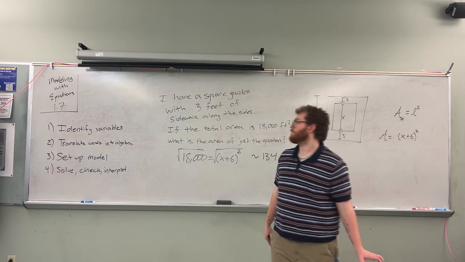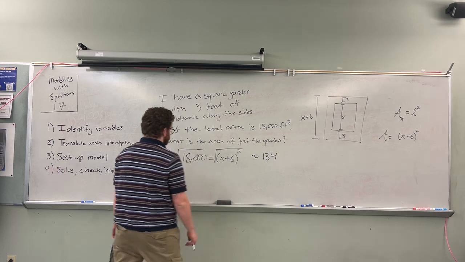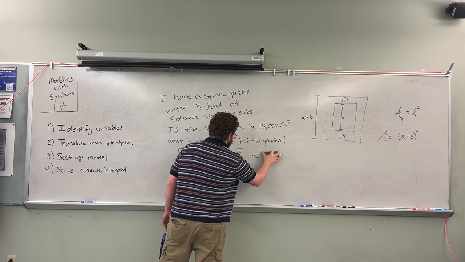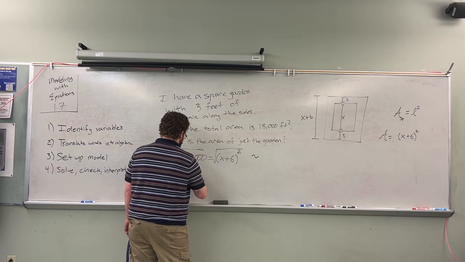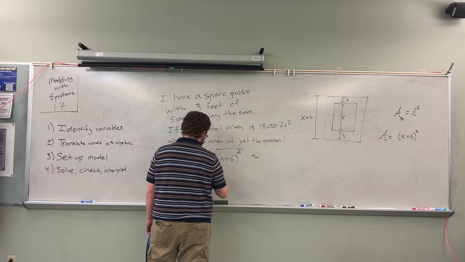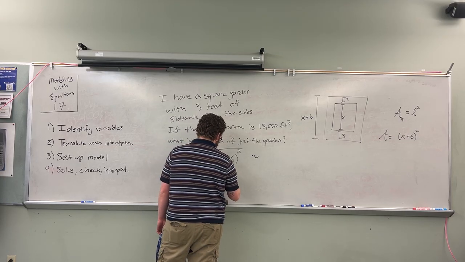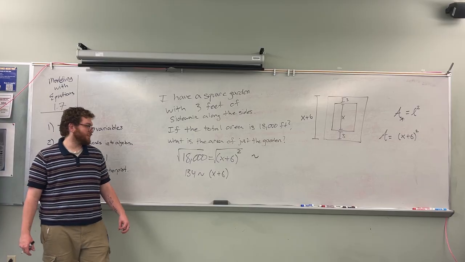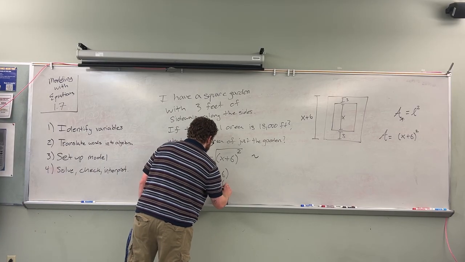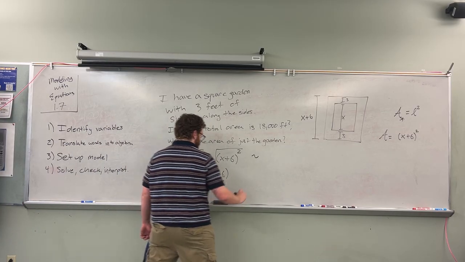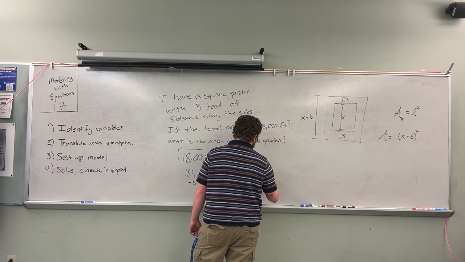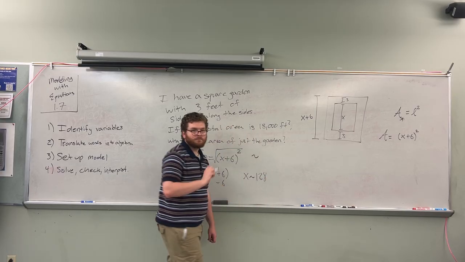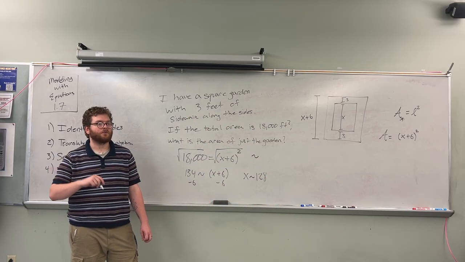I just round to whole numbers because I don't like dealing with decimals. So 134 is approximately x plus 6. And then I just subtract 6 from both sides. So I get x is approximately 128. I'm just going to leave it at 128 because I don't want to deal with decimals.